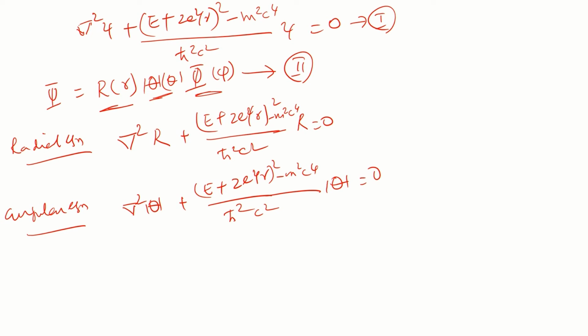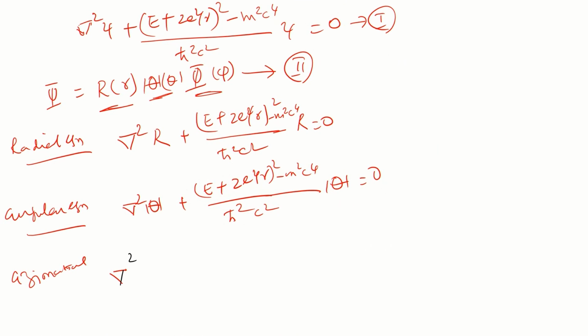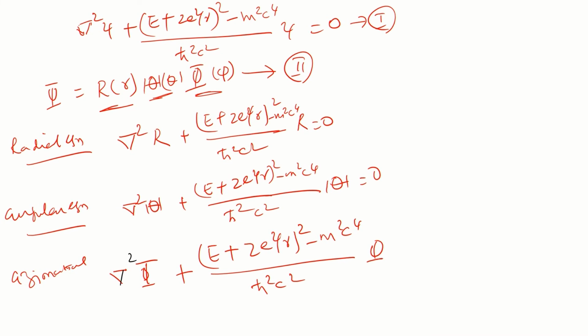This is the variable theta, the angular equation, and the azimuthal equation, the third coordinate phi: del square phi plus E plus Z square by r whole square minus m square c power 4 divided by h cross square, c square of phi equal to 0.